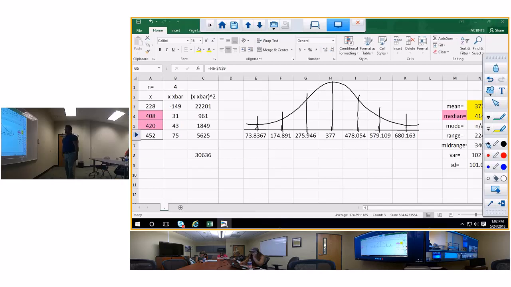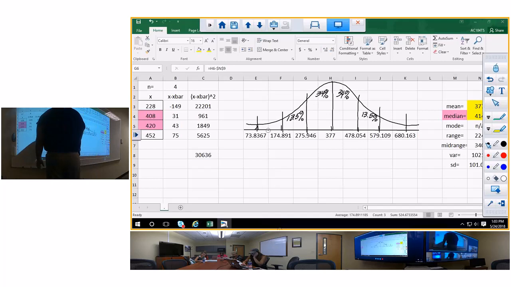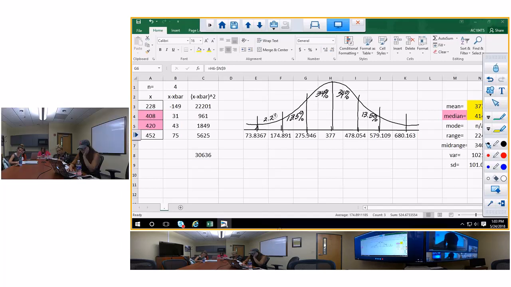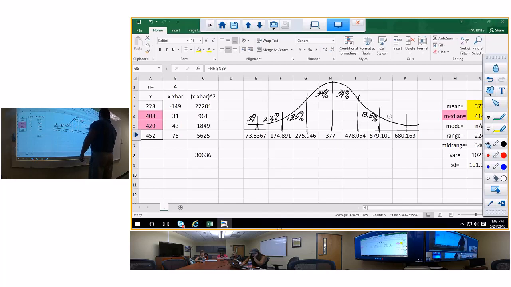That's what it should look like. Now make sure you know the empirical rule. The empirical rule says that 34%, 13.5%, 13.5%, 2.3%, and 0.2%, 2.3% and 0.2%.